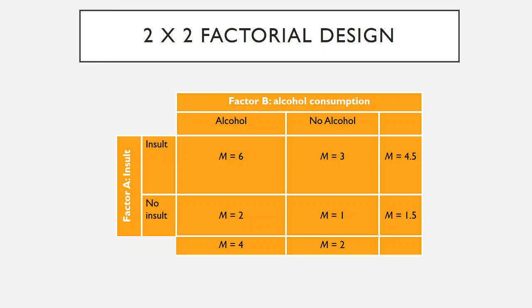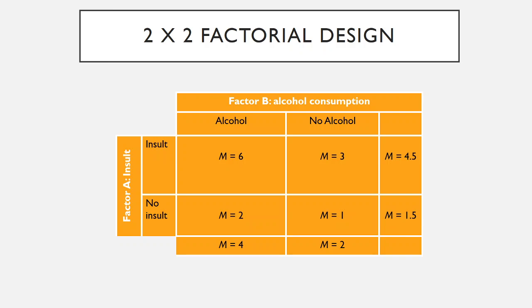Okay, so you have 4 different group means to contend with. The idea of moderation is whether or not one of those cells in particular has a mean that's different from the other ones, because that would indicate the potential presence of a moderation.